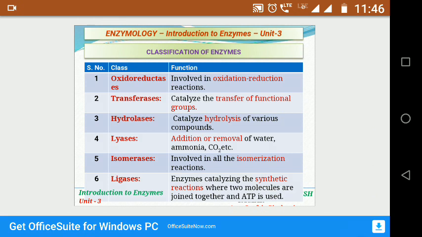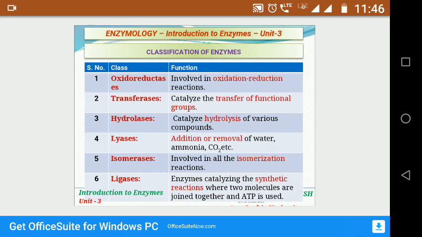And the fifth one is isomerases. Isomerases are generally involved in isomerization reactions. Some enzymes may convert aldehydes into ketones or ketones into aldehydes, like that. So different isomerases are there. And the sixth class is ligases.